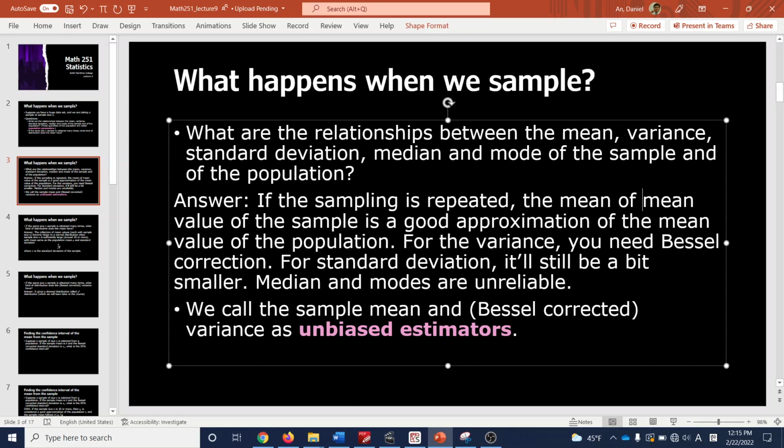Same thing for the mode. However, if you're looking for the mean value or the variance, then getting those values from the sample is good enough. So you call these parameters, the mean and the variance, unbiased estimators. Okay, so that's good to know. That kind of gives us a limitation of what we can get from a sample. All right, so that's the first thing.